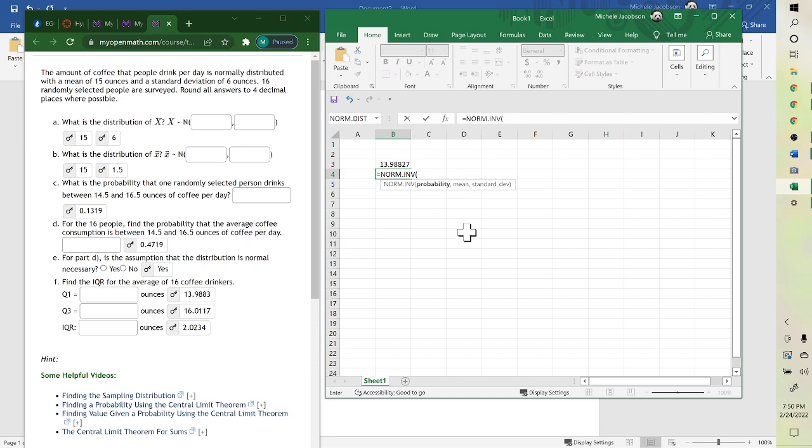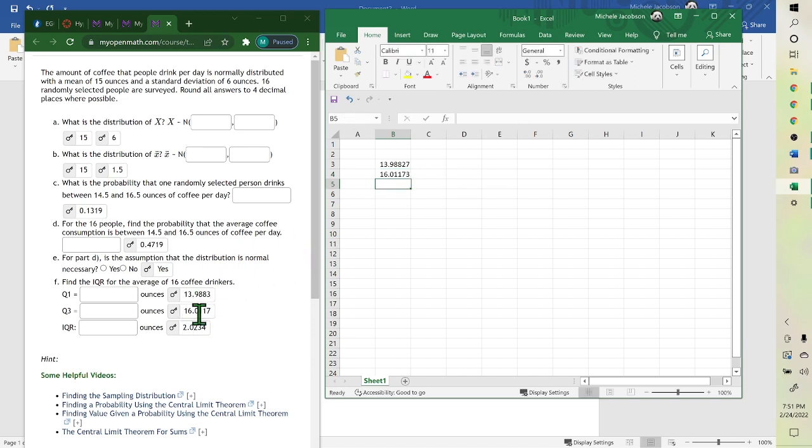Instead of 25, it's 75% of the data that's below it, comma, the mean, which was 15, comma, this was the sample of 16, so it uses the standard deviation from B, which was 1.5, and hit enter.